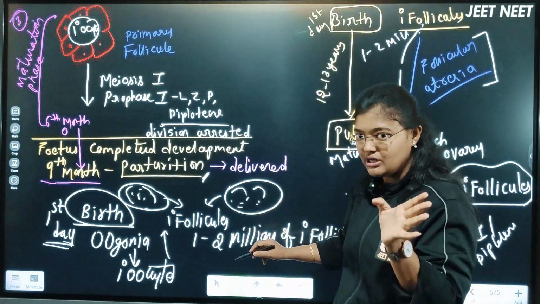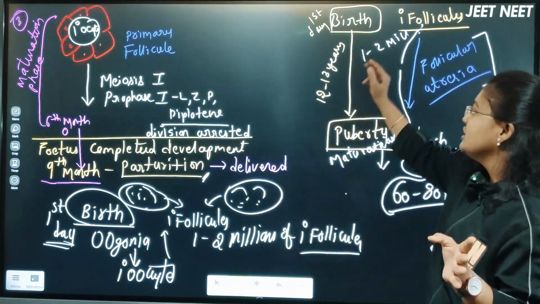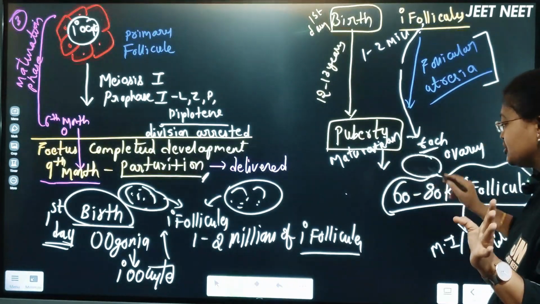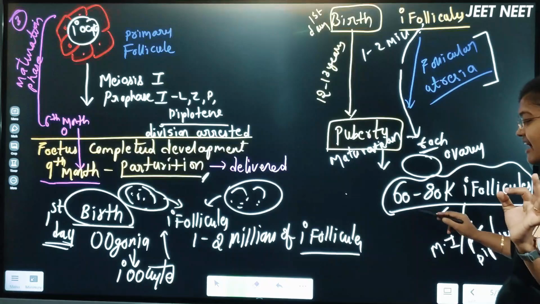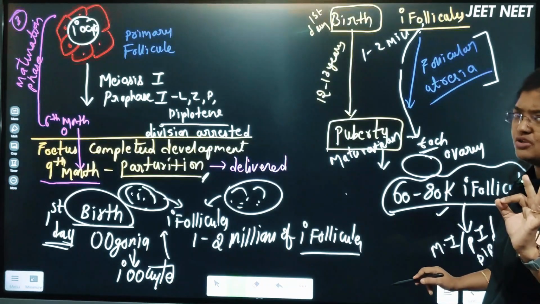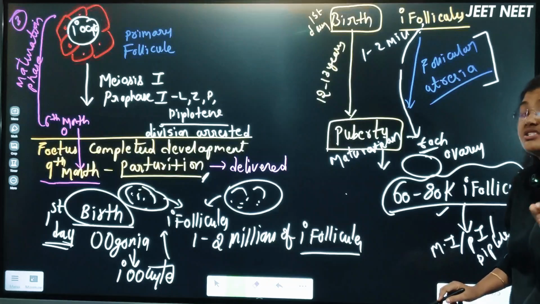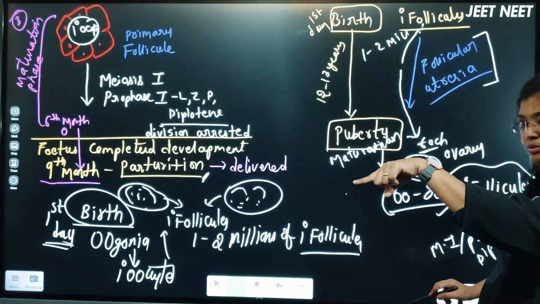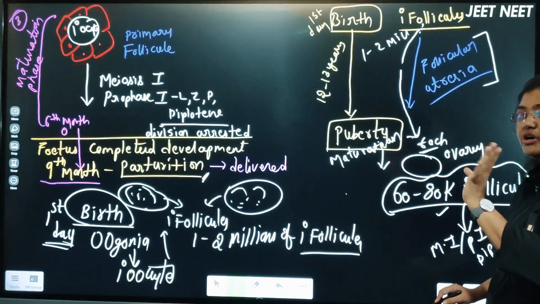Maturation phase not completed. After birth, she reaches puberty. Still the division is not completed. When she reaches puberty she will have 60 to 80,000 primary follicles with incomplete division of meiosis 1. The maturation phase started in the mother's womb, but is still not yet completed here.